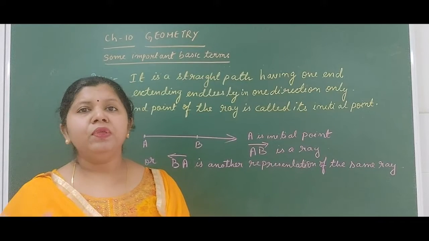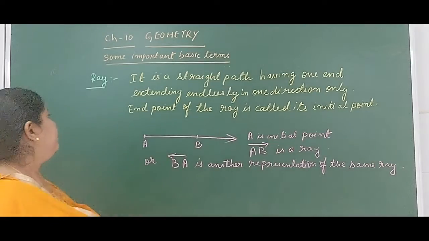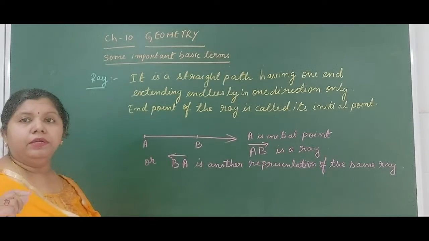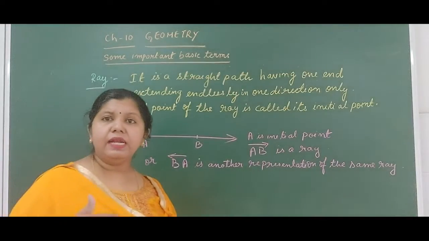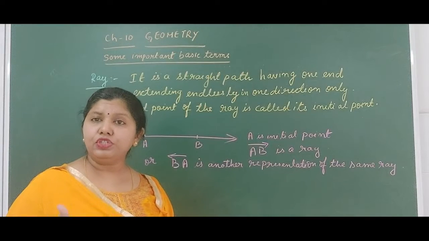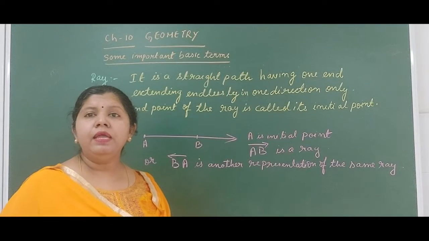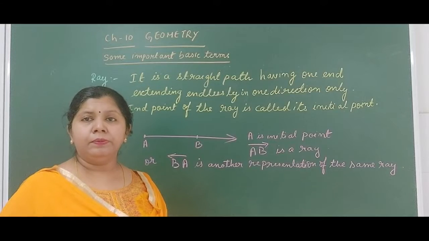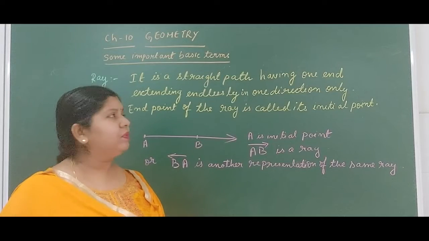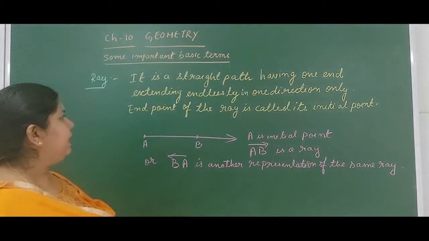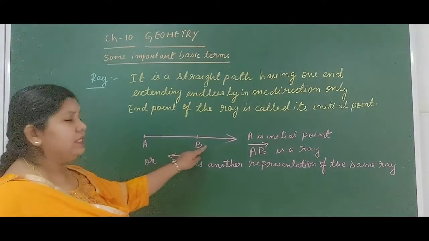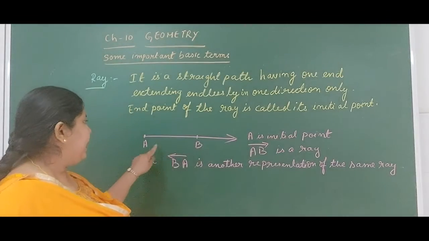Because it has one starting point, it has one initial point, and that is called the initial point. For example, here we have this AB.